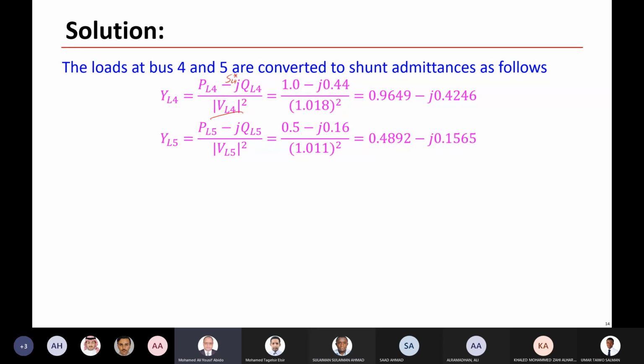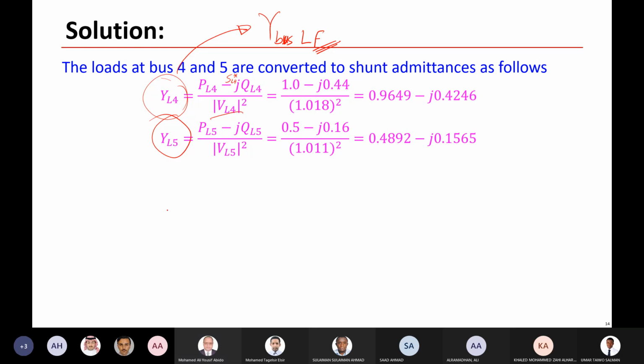Yeah, so you have Y bus from the load flow. So what will we do with this Y bus of the load flow? How can we incorporate the loads YL4 and YL5 into the Y bus of the load flow?